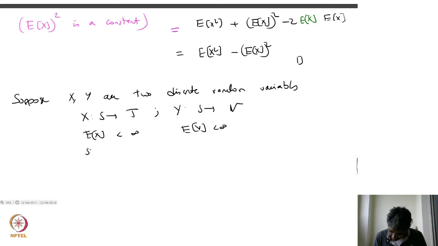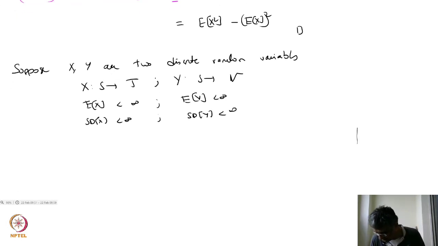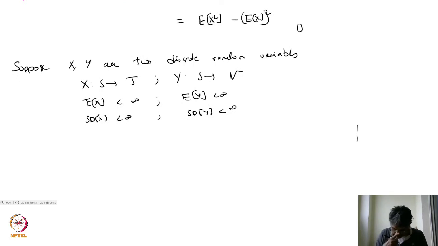So is the standard deviation of x, and so is the variance, and so is the standard deviation of y. So now, if I look at the random variable z equal to x plus y.